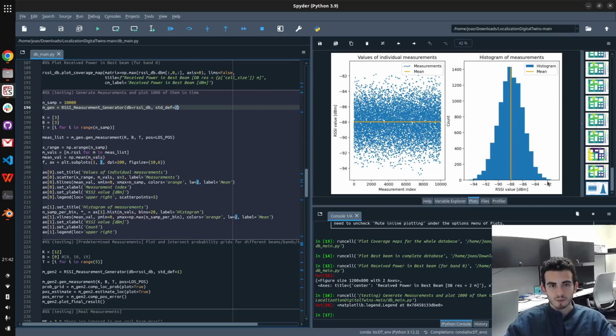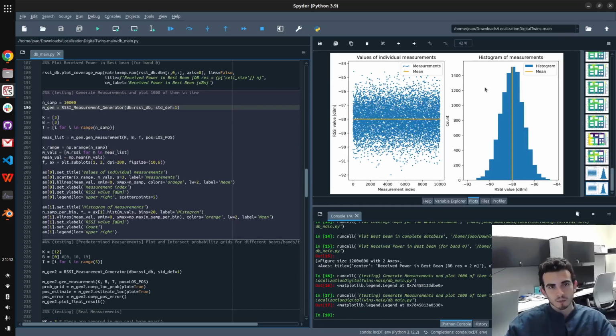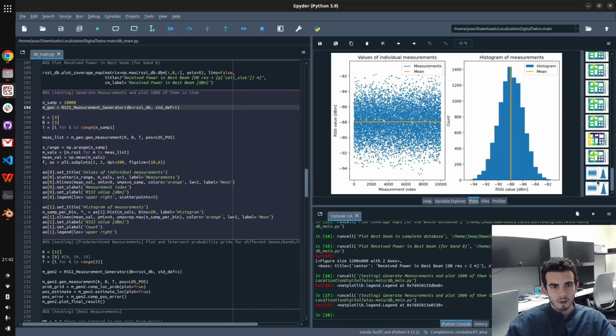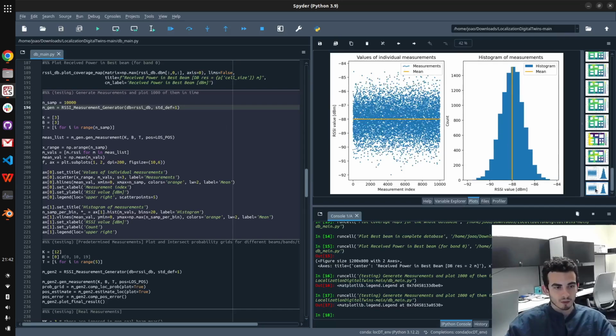So essentially, if I change this to 1, we should have a shrinkage to more or less 87. And let me indeed do that. Yeah, that's what we see here.